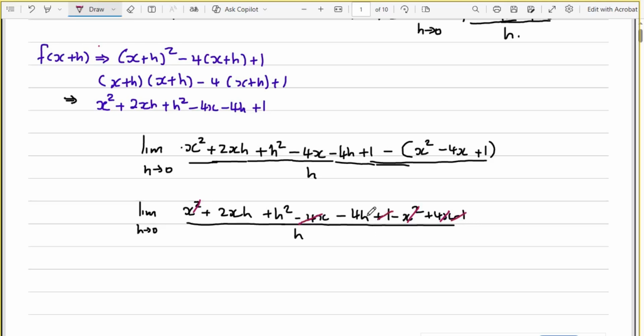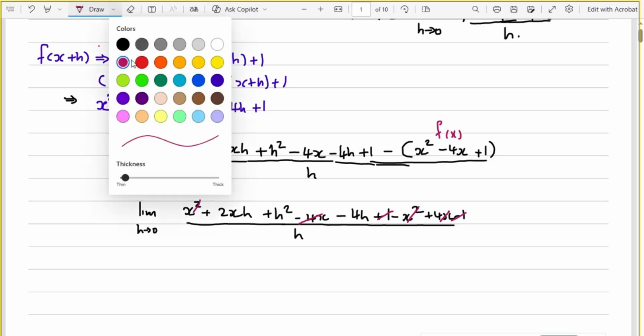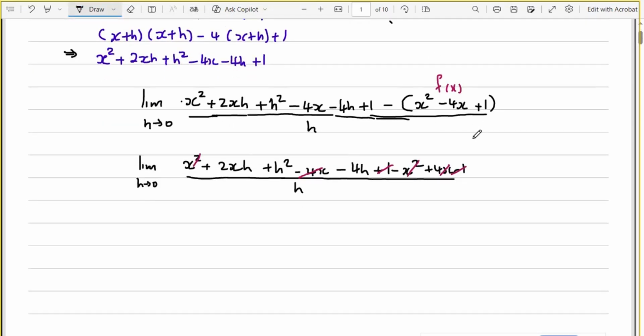So a quick tip is that whatever you have in f(x), everything will be cancelled by that f(x). You understand? Okay, sir. Then after cancelling out the terms, you need to rewrite your equation carefully. Make sure that you don't miss any term there.